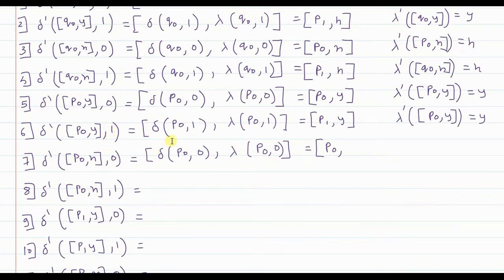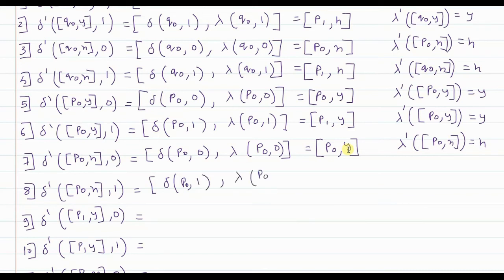P0 on 0 gives you P0 itself, and λ of P0 on 0 gives you, that also we have already calculated, so I'll be writing it as it is. Now λ' of state P0n will be n.